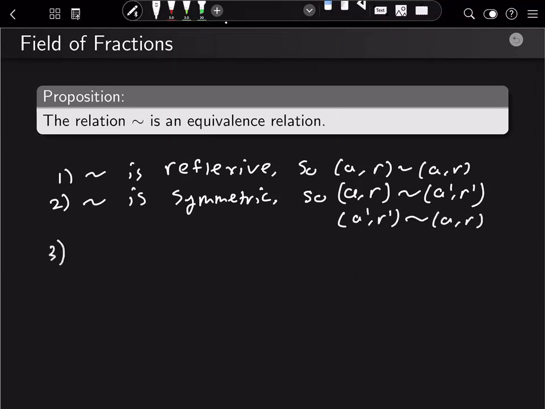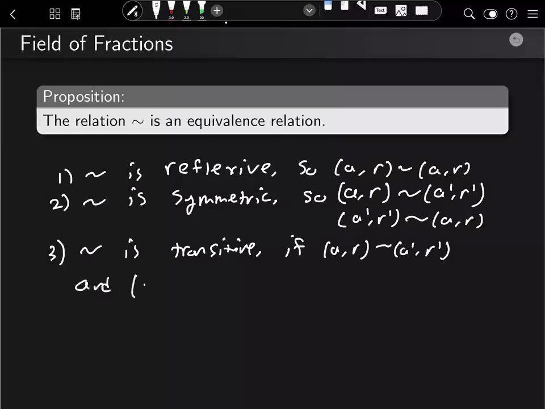And lastly, we want to check that tilde is transitive. If (a, r) is related to (a prime, r prime) and (a prime, r prime) is related to (a double prime, r double prime), then (a, r) is related to (a double prime, r double prime).